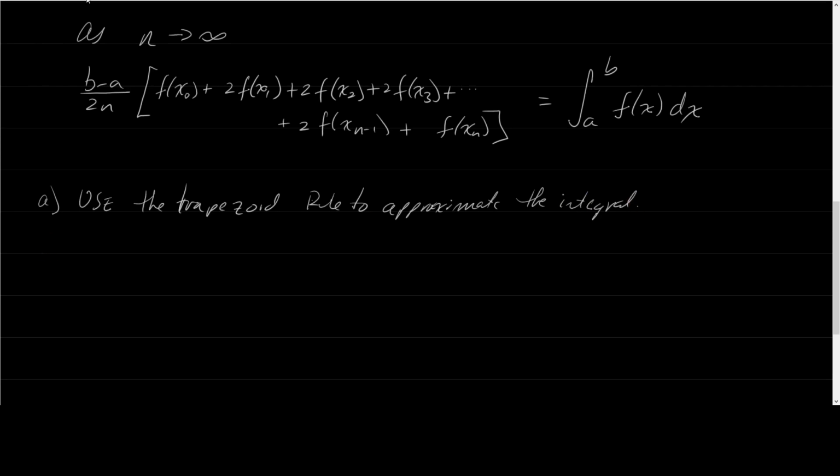In example A, we have the integral from 0 to pi of the square root of sine of x dx. And I do have to tell you how many trapezoids we're going to use. So I'm going to say here, with 4 trapezoids.